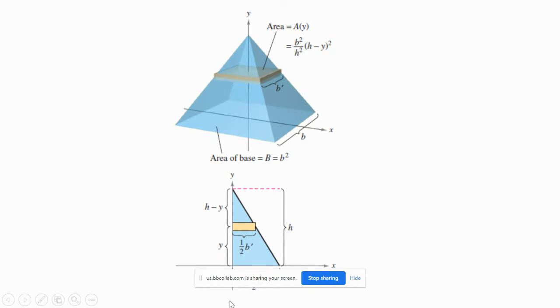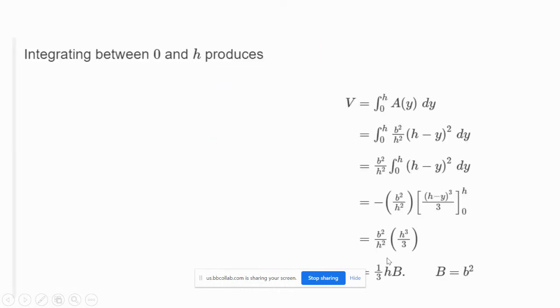So that is the area of the cross section, and that can be changed into this. Now we integrate from the bottom, where y equals 0, to the top, where y equals h, A of y dy. We substitute the equation we found for A of y.